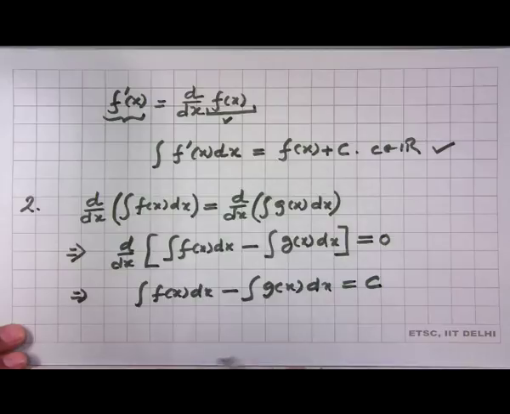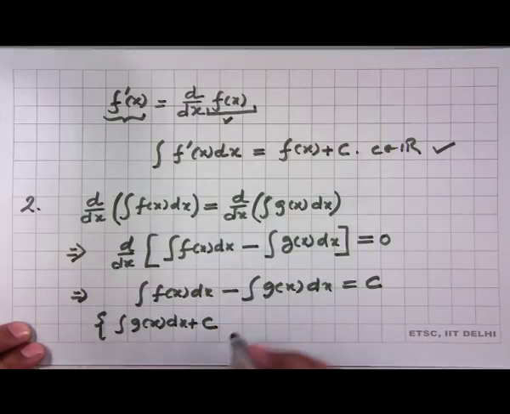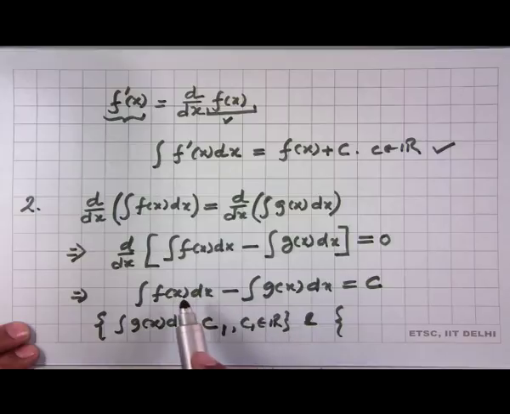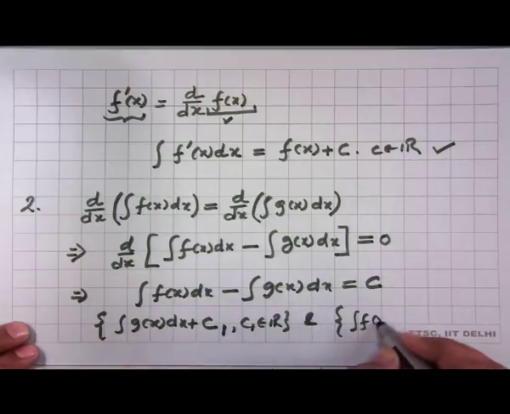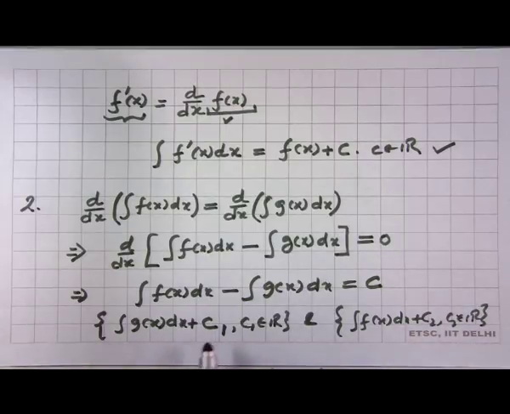Which will mean that if I transfer g x to the right hand side, then the collection of all functions is integral g x dx plus c 1, such that c 1 is in R. And similarly, if I take the function f x to the right hand side, then integral f x dx plus c 2, such that c 2 belongs to R. So, they represent the family of curves for these integrals, and because of this equality, these two families are equivalent.